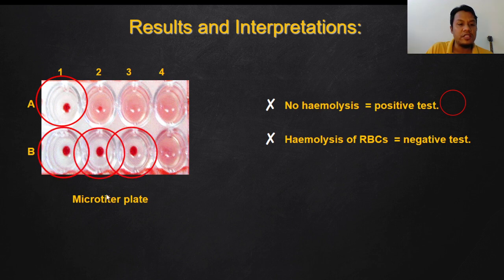No hemolysis is observed because the area surrounding the concentrated cells is clear. No hemoglobin is released into the serum. And if hemolysis of RBC is observed, the patient is negative and does not have the infection, as we can observe here.